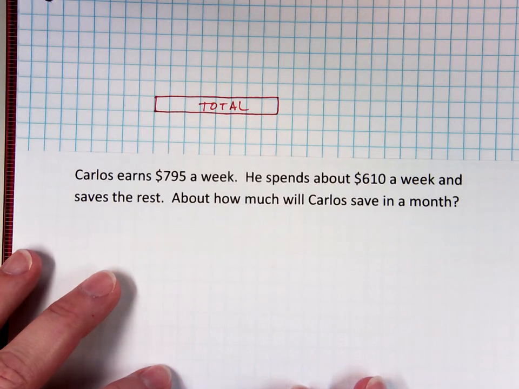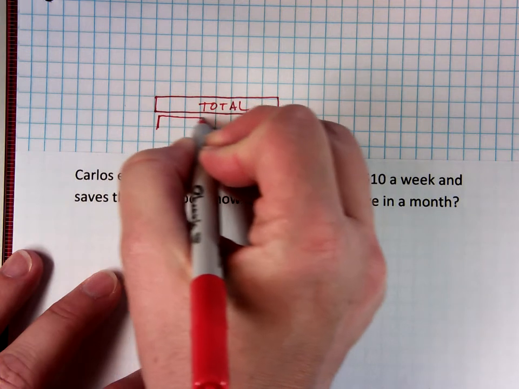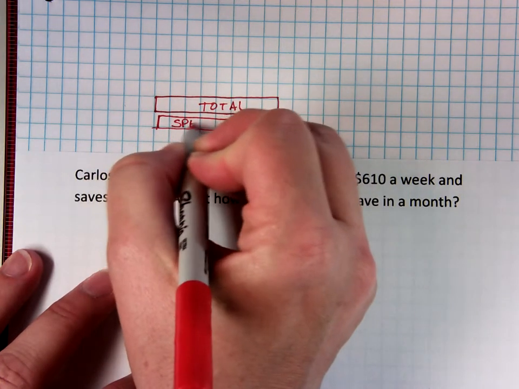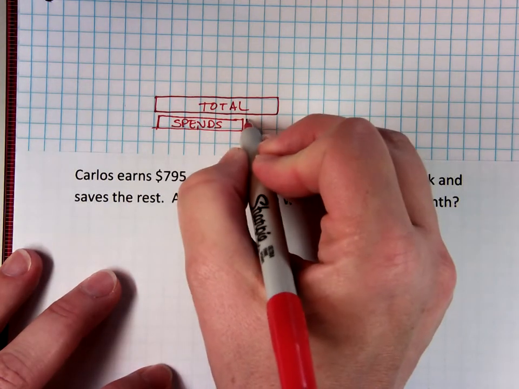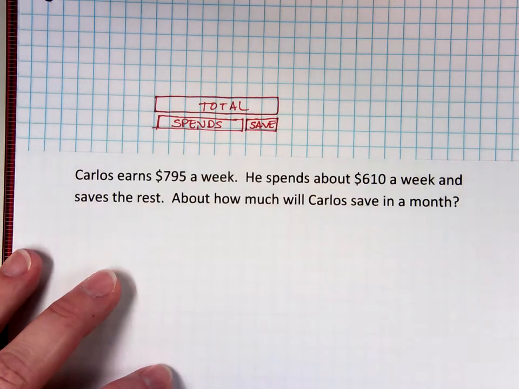He spends $610. And he saves the rest. He saves this piece here. About how much will Carlos save in a month?